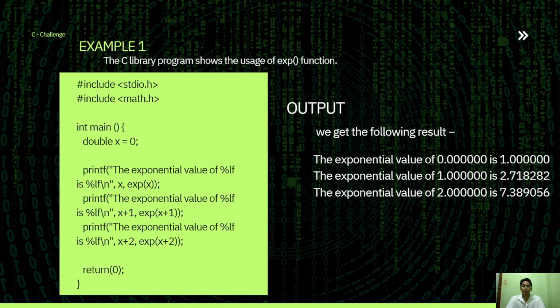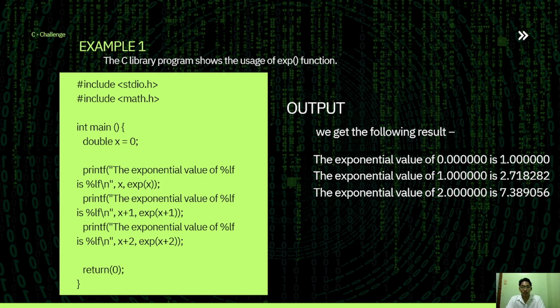The C program shows the usage of the exp function. Here, double x, we take the exponential of 0, then x plus 1, then x plus 2. The output is the exponential value of 0, since we started at 0, which is 1.0.